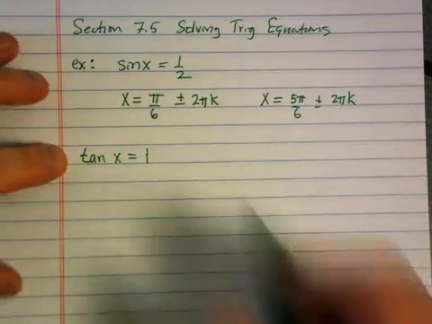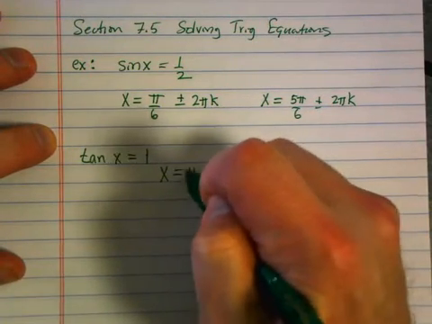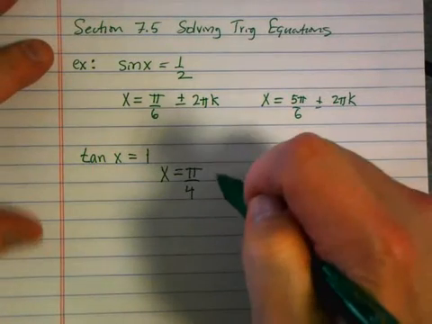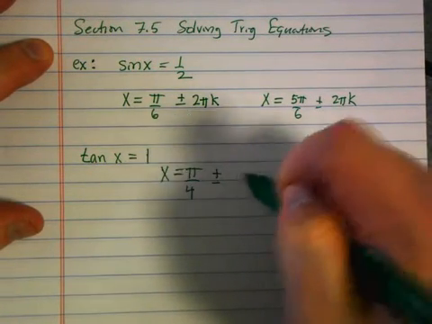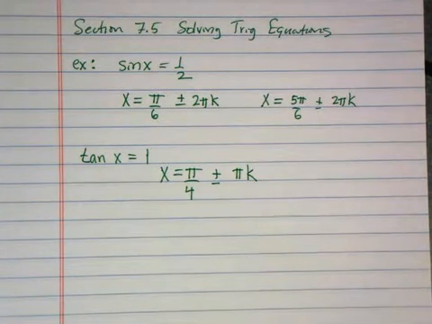So for tangent, we really need to only find one answer. X equals pi over 4. That's the answer in quadrant 1. And then I add or subtract pi times k, because the period is pi. So if I take pi over 4 and add pi, that's going to give me the answer in quadrant 3.